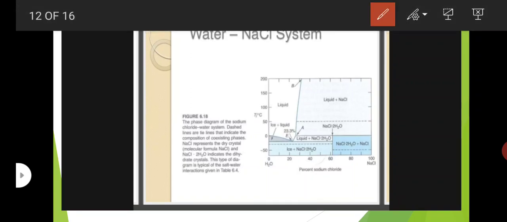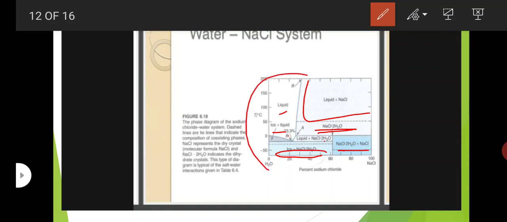Okay, here this is liquid NaCl and here NaCl plus water, this is liquid, and here ice plus liquid, liquid plus NaCl·2H2O, and here ice plus NaCl·2H2O, and here NaCl·2H2O plus NaCl. Means here this area is completely ice, means water, and this area is NaCl. Okay, when these are combined with each other, NaCl·2H2O is formed.